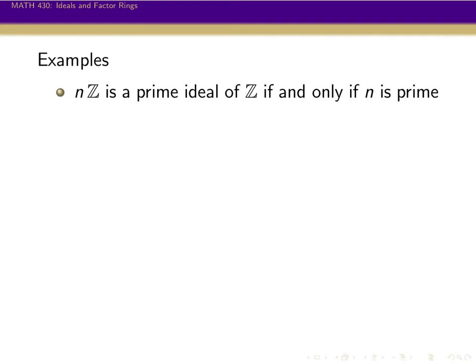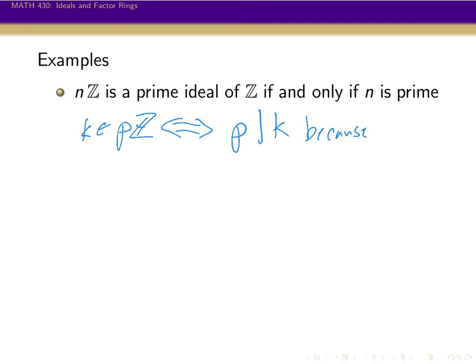Just coming from the definition, this shows that if n is prime, as we just showed in the last slide, then you have a prime ideal, because having k be inside pZ is the same thing as saying that p divides k, because pZ is all the multiples of p. That's really what the definition of pZ is.